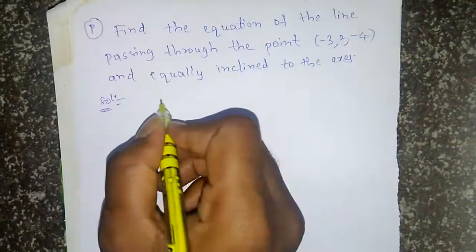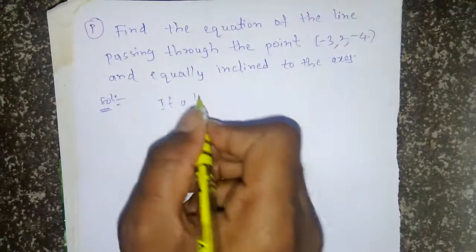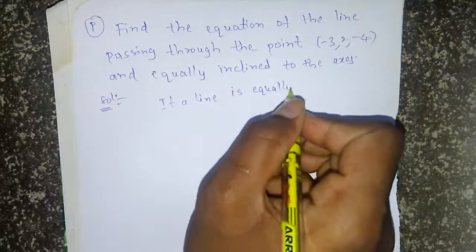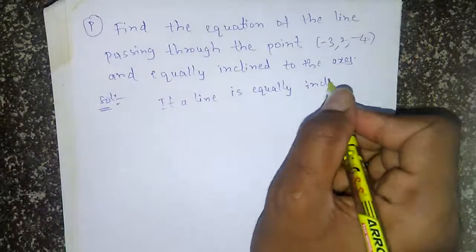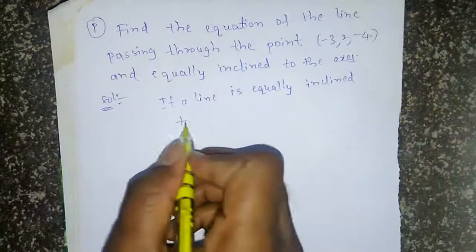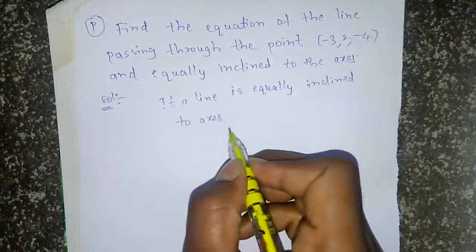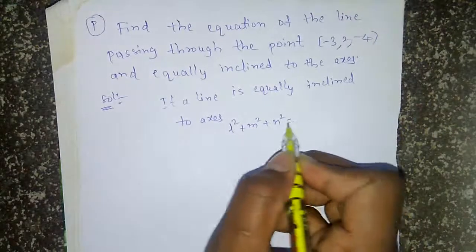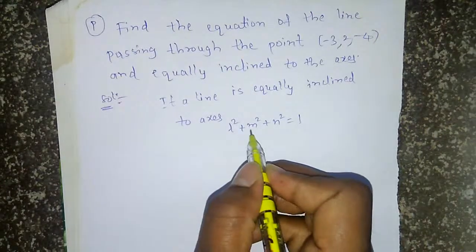So if a line is equally inclined to the axes, then what are the DRs? l square plus m square plus n square, so these are DCs, direction cosines.